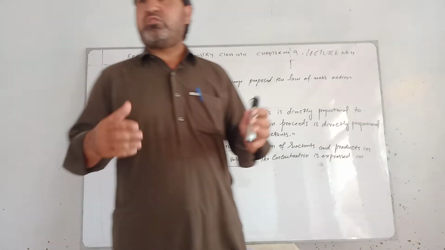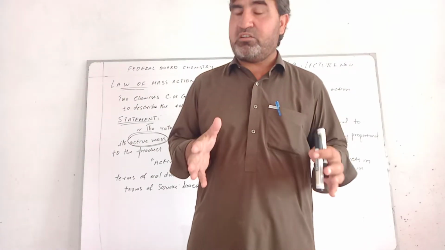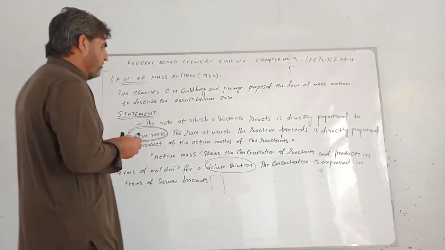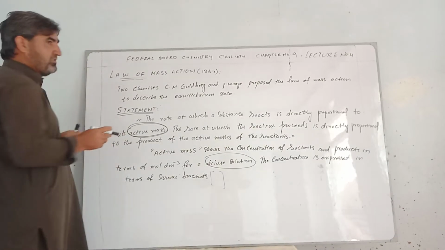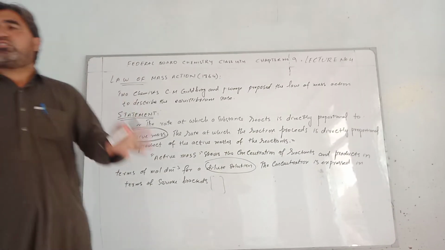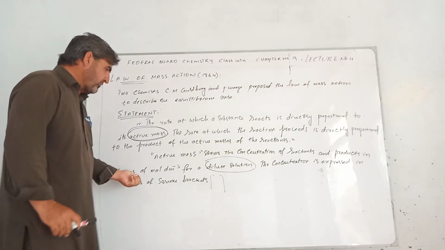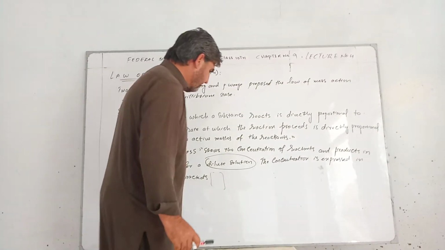It is a solution in which water is used as a solvent, not in concentrated form. First of all, we are going to explain the aqueous solution. The solution in which water is used as a solvent is known as an aqueous solution. Now we are going to explain the dilute solution.